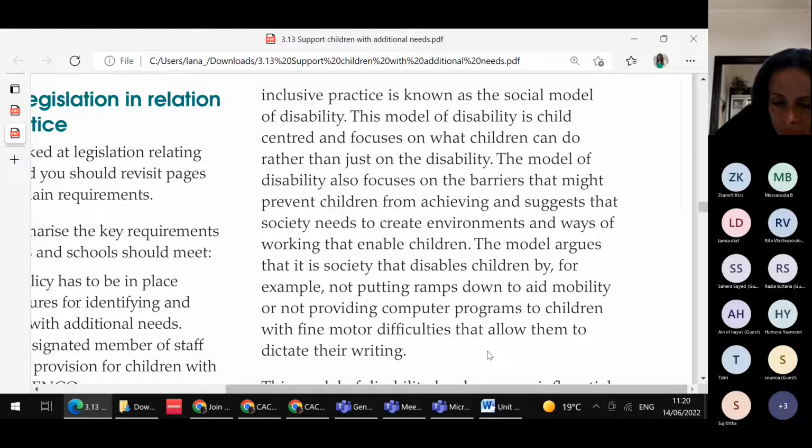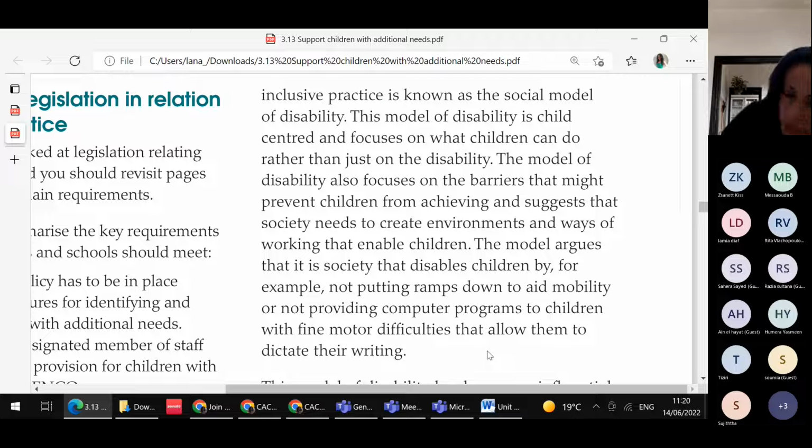If he or she is not able to access it, then they would not learn. Maybe we are the only nursery in that area. So according to this model, society is creating the disabilities, even though the child is born with them, but we can provide resources for this child to live normally. If we don't provide them, we are making this child disabled.